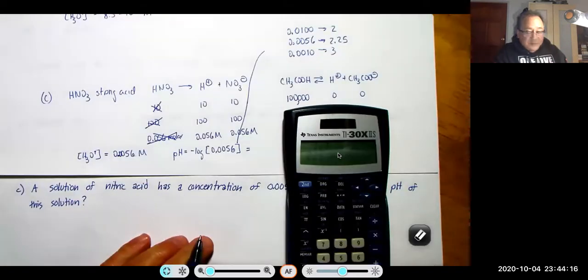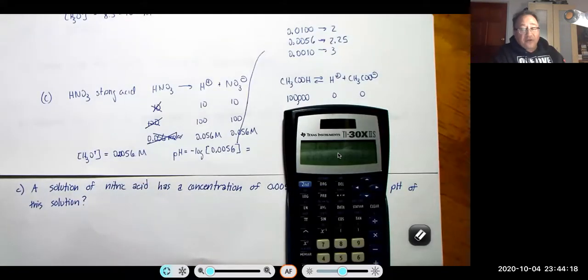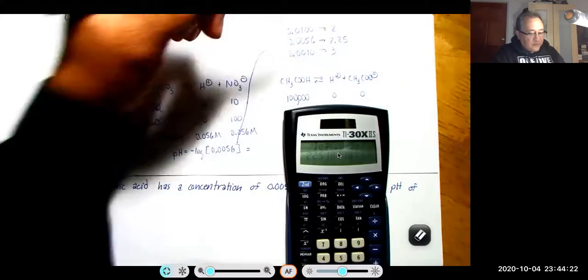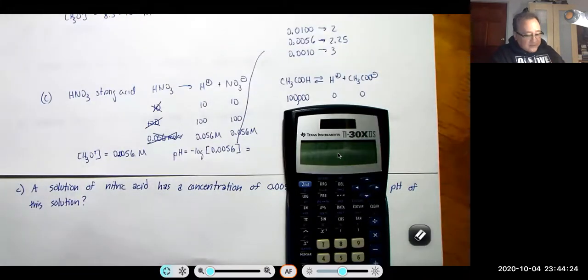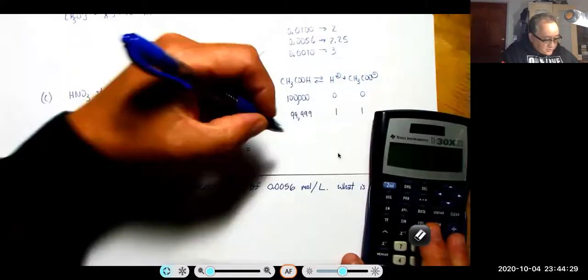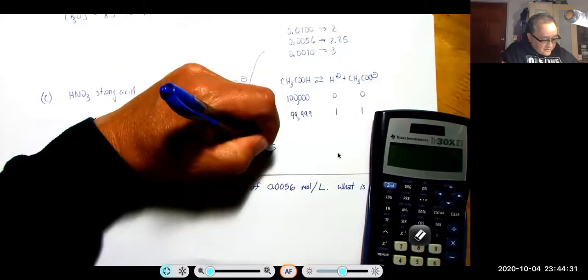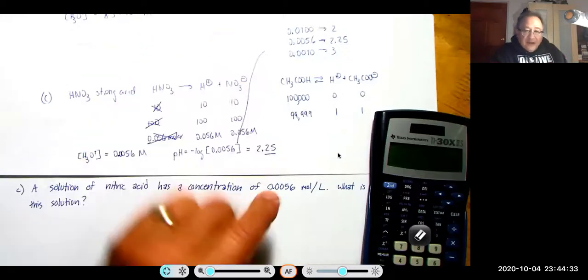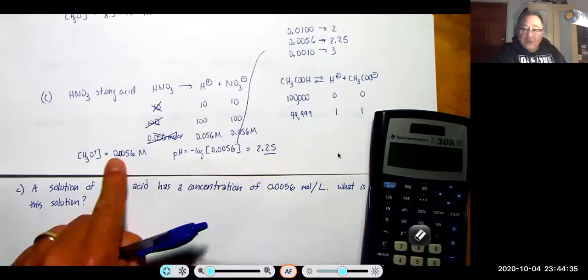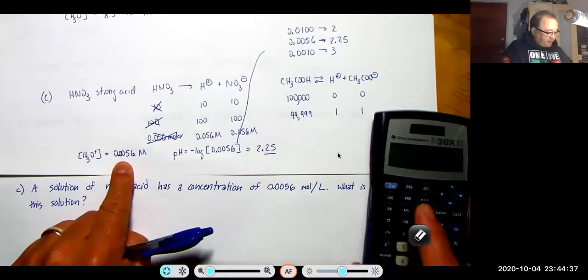And that is between 2 and 3, a lot closer to 2 than it is to 3, even though the concentration is halfway between. Again, because the logarithmic scale is not linear. Okay, so our answer is going to be 2.25, and we keep 2 digits after the decimal because this has 2 significant figures. Alrighty then.